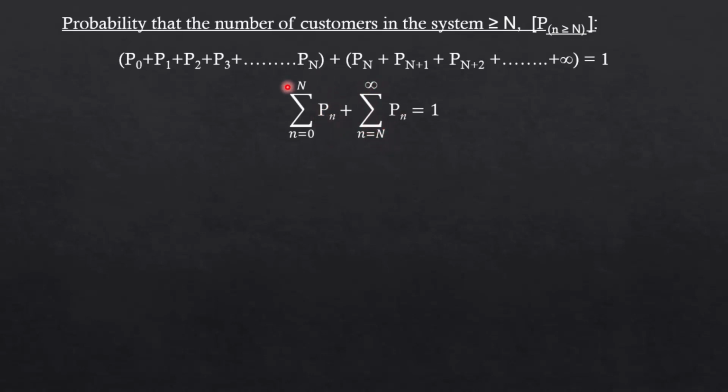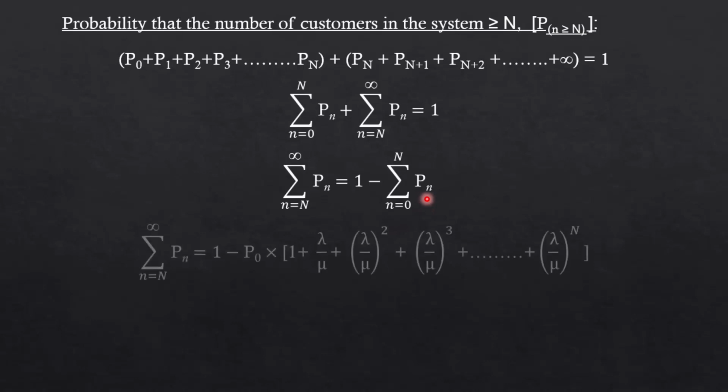So we'll take the other term on the right hand side, and this equation is simplified in this form. Now if we expand this series just as we have done in the previous parameter, then we will be able to find this equation, which is 1 minus P0 has been taken common out.